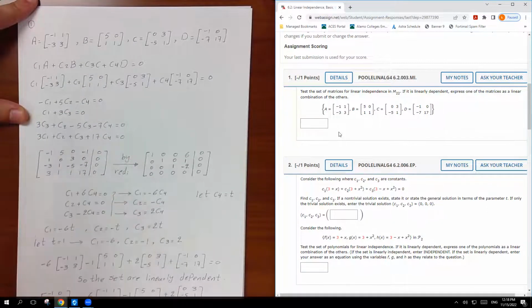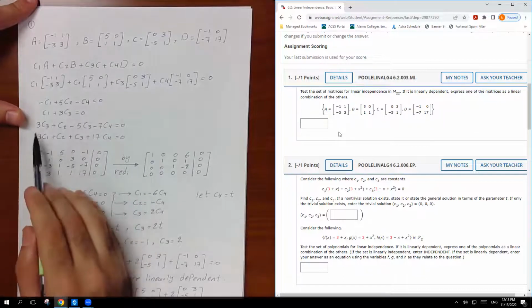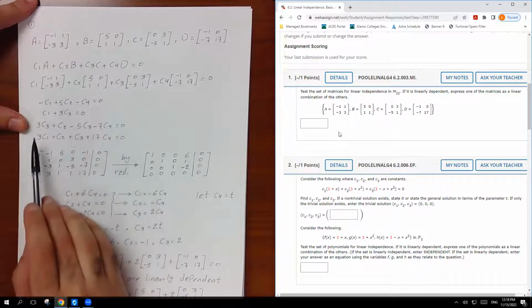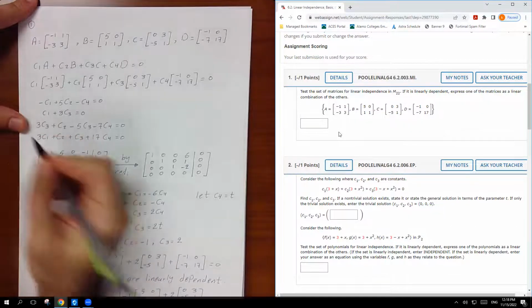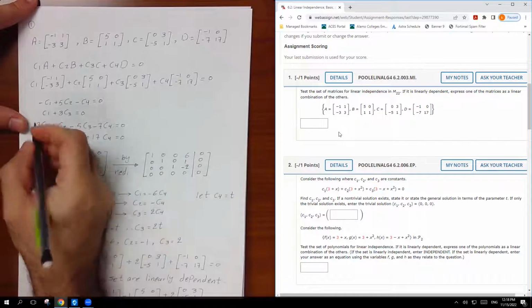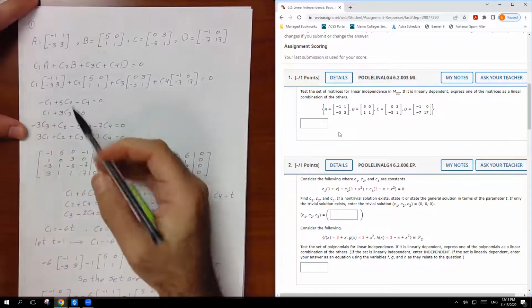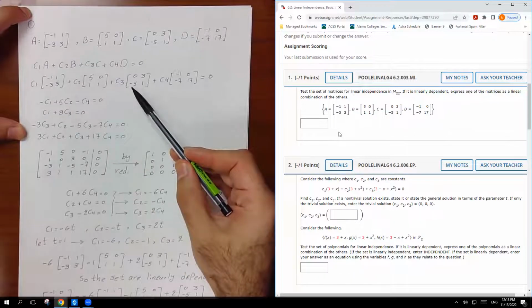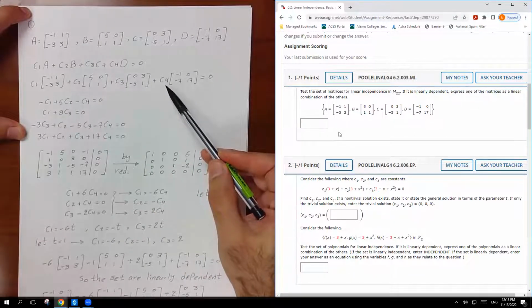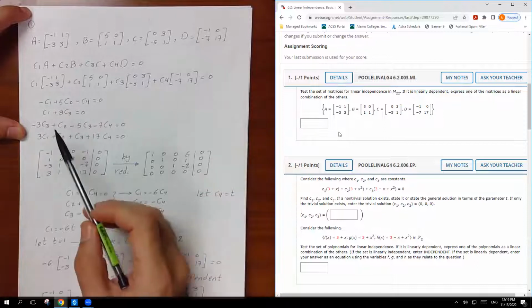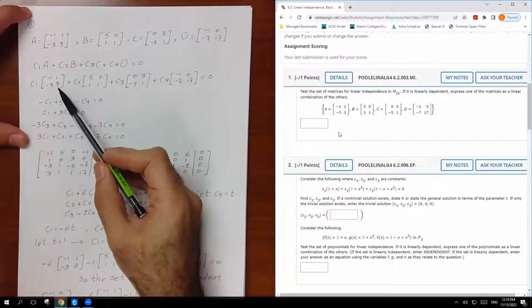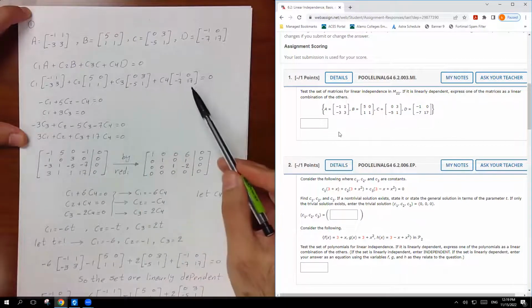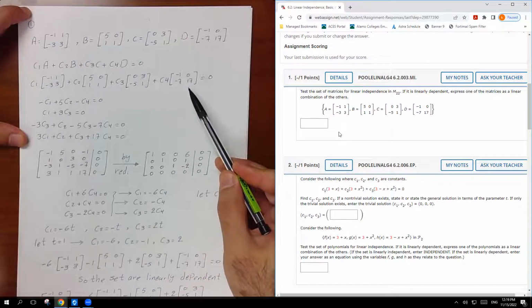The third one is negative 3C1 plus C2 minus 5C3 minus 7C4 equals 0. And the fourth one is going to be 3C1 plus C2 plus C3 plus 17C4 equals 0.